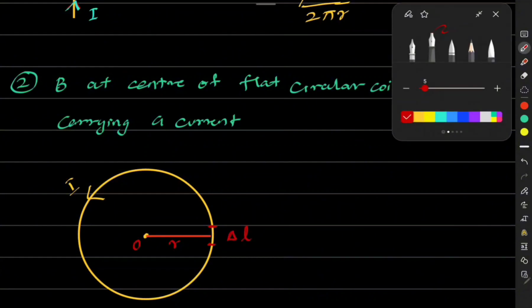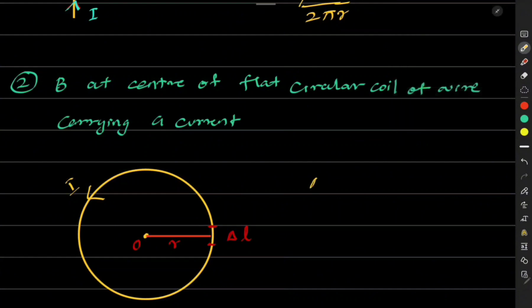Now let's write the expression. Delta B is equal to mu naught divided by 4 pi into I delta L sine 90 divided by R squared.